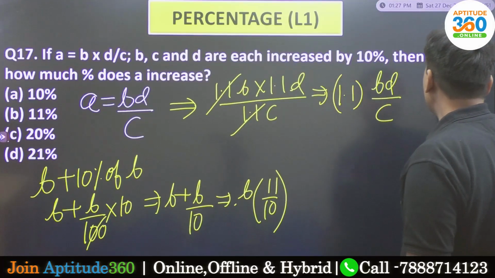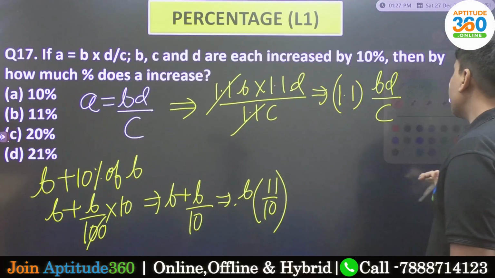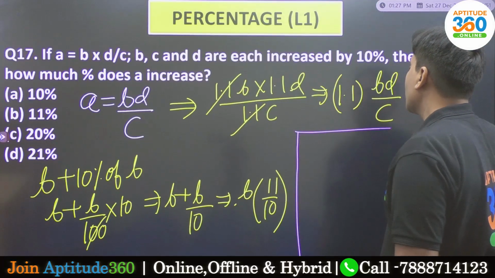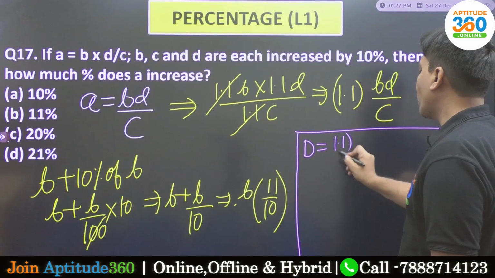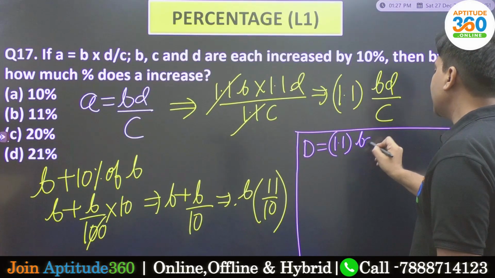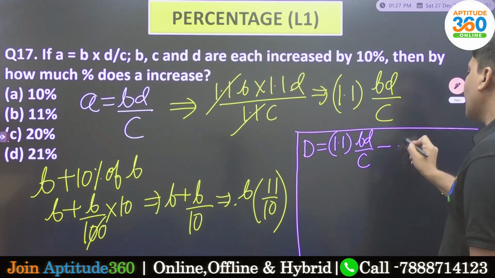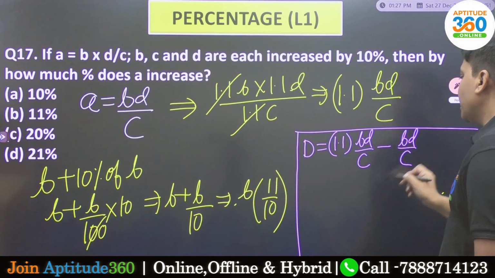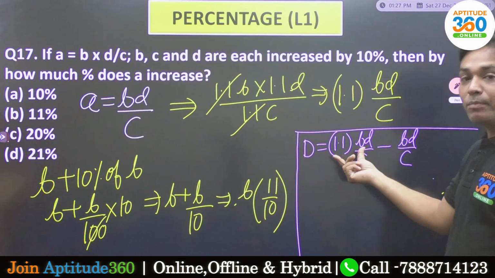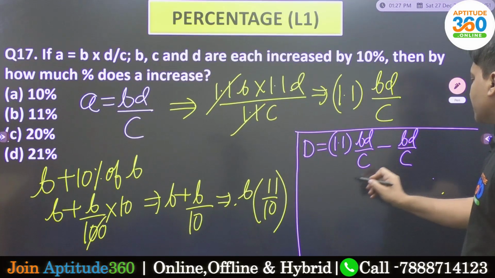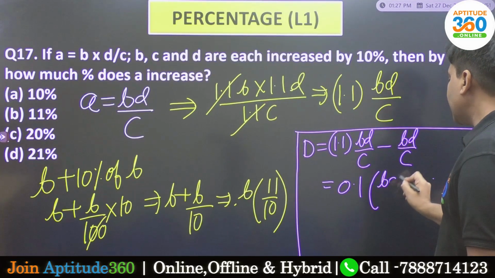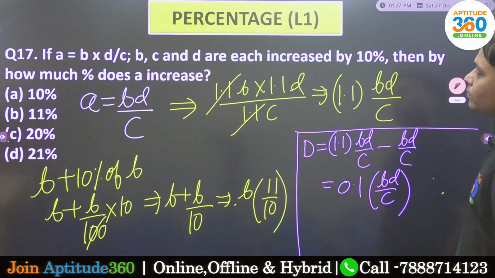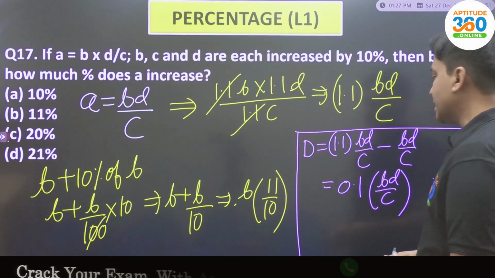So what should we be doing? We should find out the difference. So the difference is going to be 1.1 BD upon C minus BD upon C. This was the earlier value, this is the later value, so that is the difference. If you simplify, it is 0.1 BD upon C. How do we find the percentage?